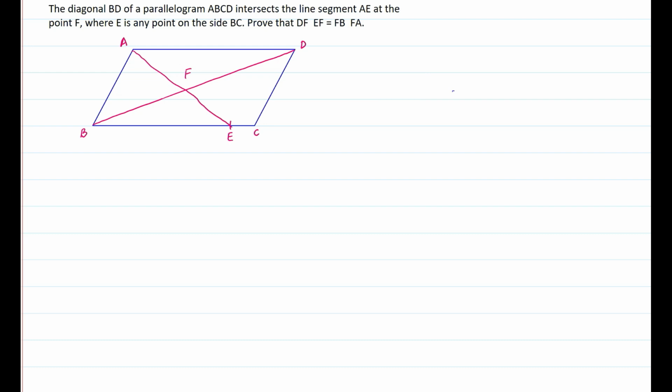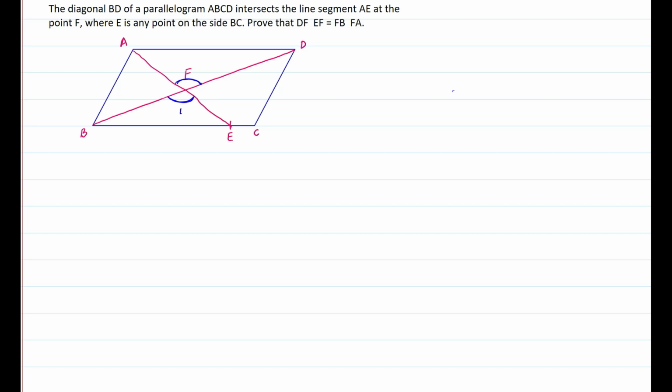Now let us take triangle ADF and compare it with triangle BEF. In these triangles, this angle and this angle are vertically opposite angles.